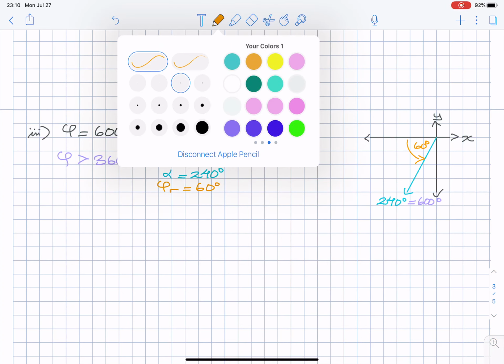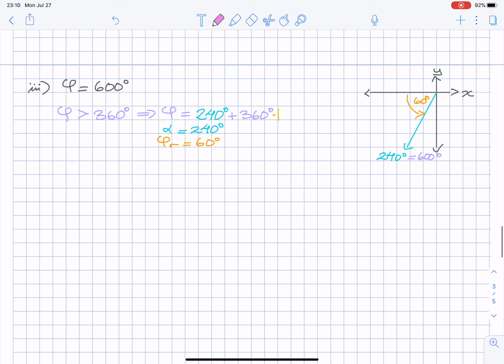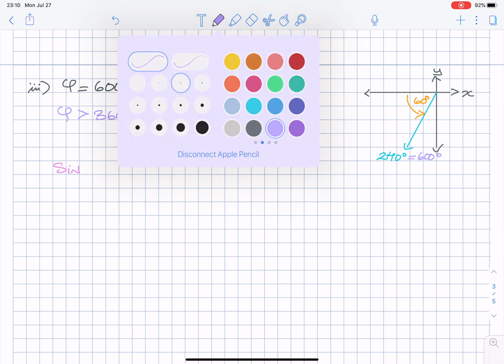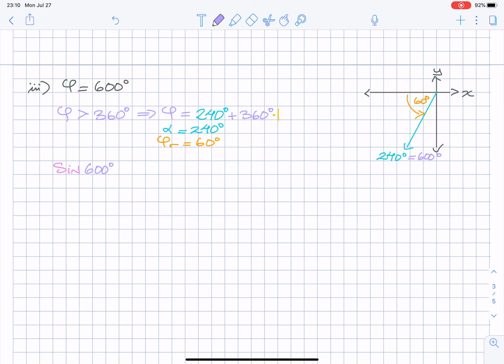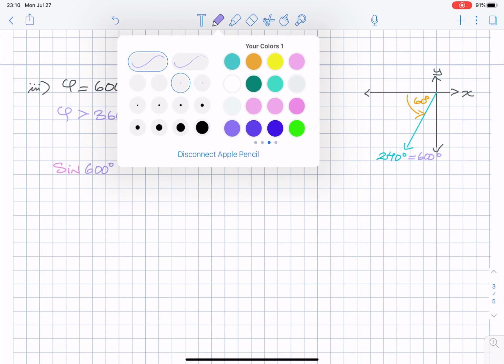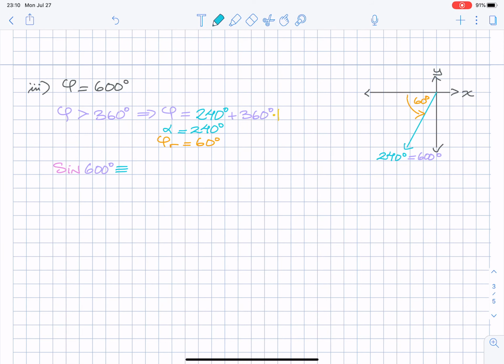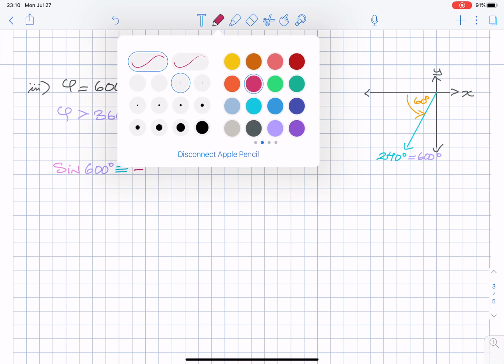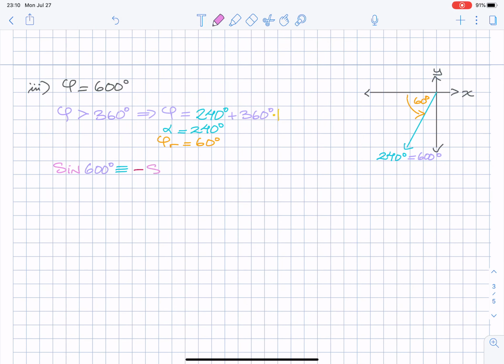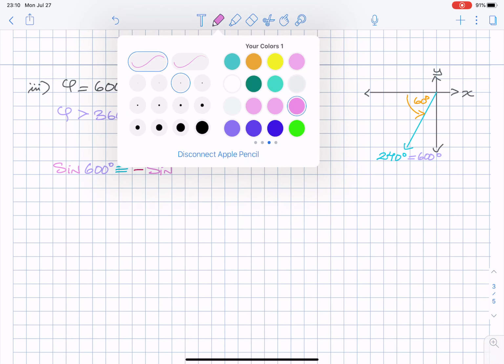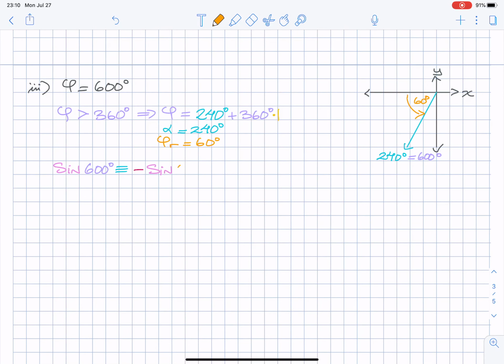Okay, so let's look at this. Sine of 600 degrees, well, this is going to be equivalent to, I'm in quadrant 3. Well, both sine and cosine are negative in quadrant 3. So this is going to be equivalent to negative sine of 60 degrees. That's my reference angle.